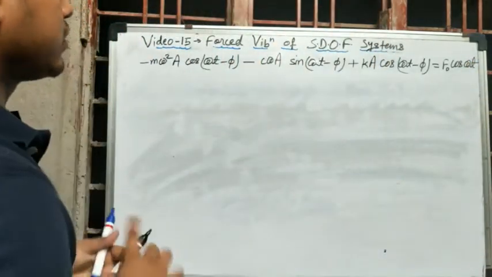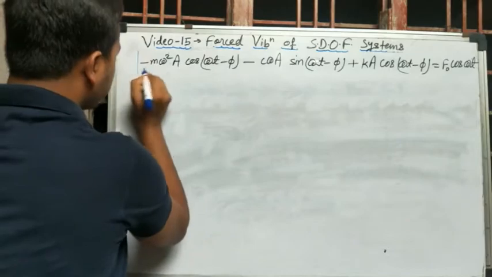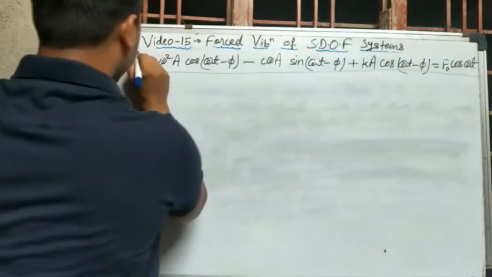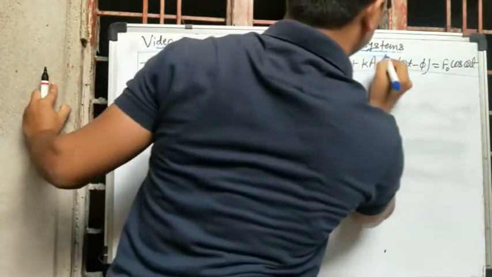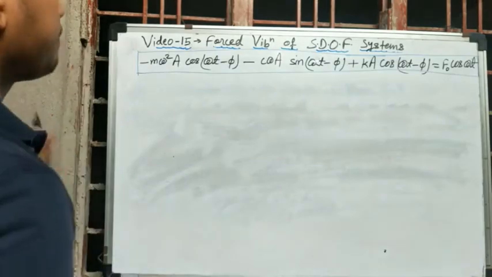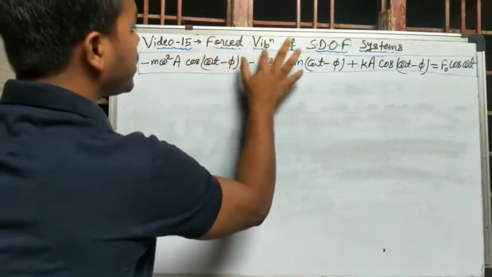This is the expression. Now you already have this expression. I didn't have this expression, that's why once again I have written. So for this system of forces, I am going to draw the vector diagram.